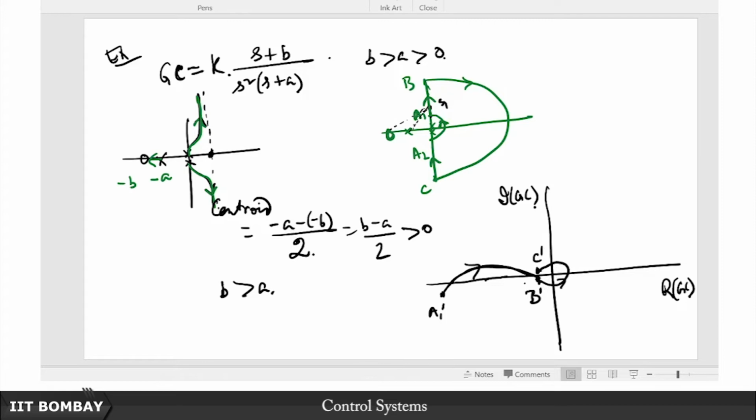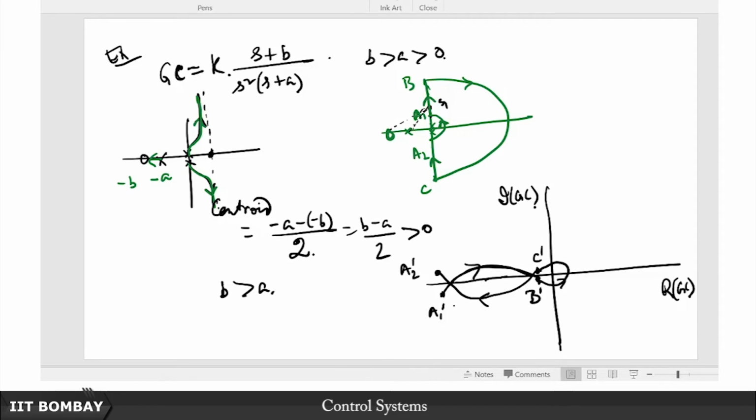From C prime to A2 prime, I do not need to redraw or recompute this, I am just going to draw the mirror image of this here, and this is going to be my A2 prime.